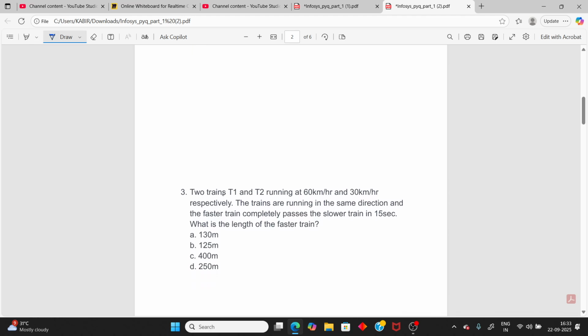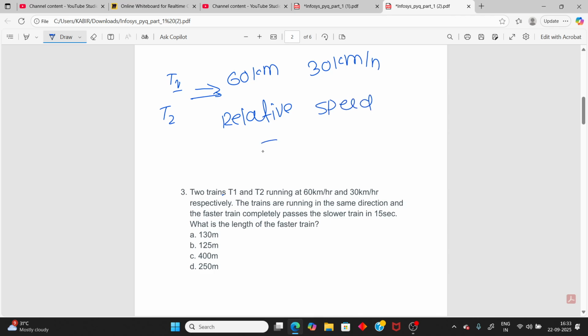Now the next question. Two trains, T1 and T2. Both trains are moving in the same direction, at 60 km and 30 km. When coming in the same direction, you should take the relative speed. The relative speed is 60 minus 30, which is 30 kilometers per hour. That is the relative speed. The trains are running in the same direction, and the faster train completes passing the slower train in 50 seconds. So that should be 30, and we multiply 30 into 50.